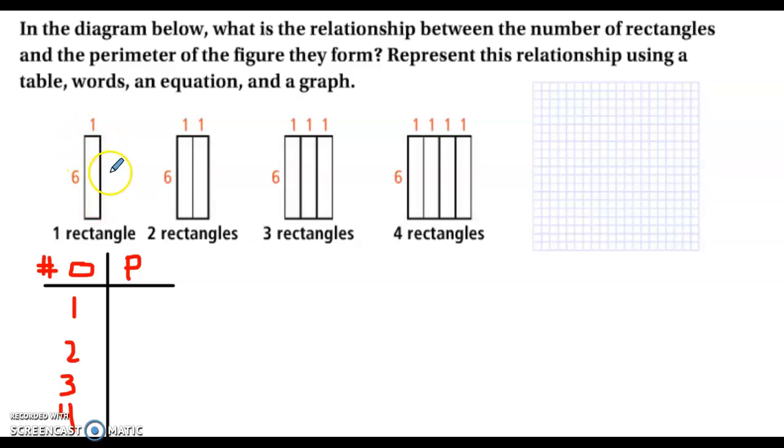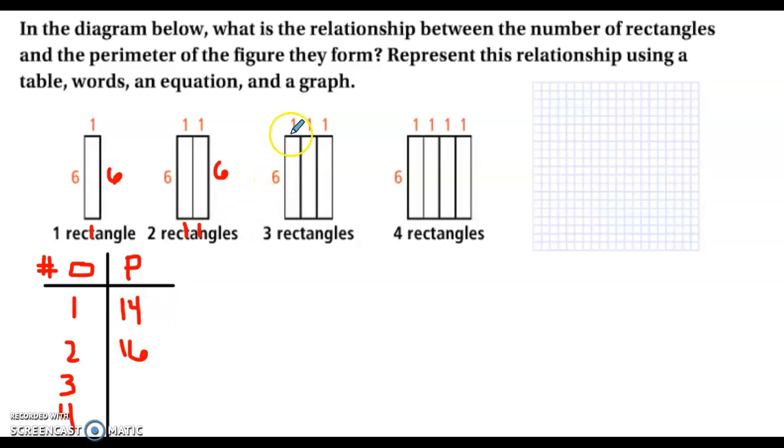Then to find the perimeter, the output, we add up the sides. So we'd have 6 plus 1 plus 6 plus 1, which gives us a perimeter of 14 for one rectangle. Two rectangles, we have 6 plus 1 plus 1 plus 6 plus 1 plus 1, which gives us 16.